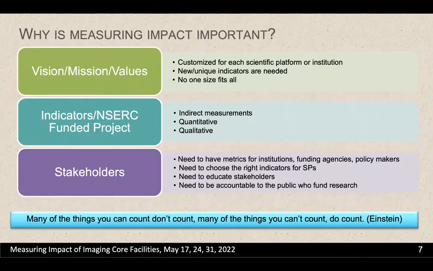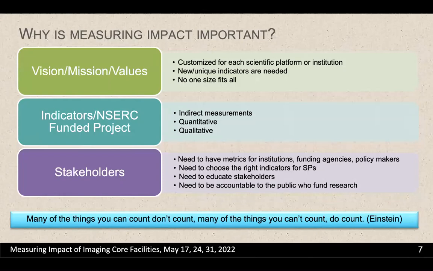So the first thing that's really important is to understand the imaging facility's vision, mission, and values, and why you're measuring the impact has to be aligned with that. So there is a need to focus on the infrastructure and the people. Financial stability is important and it's part of the equation, but it really shouldn't be the main mission of an academic facility.